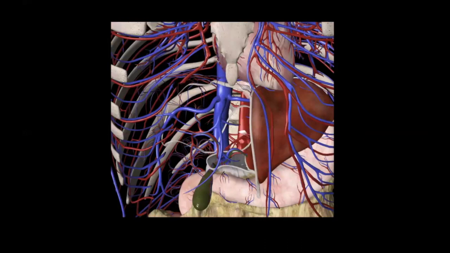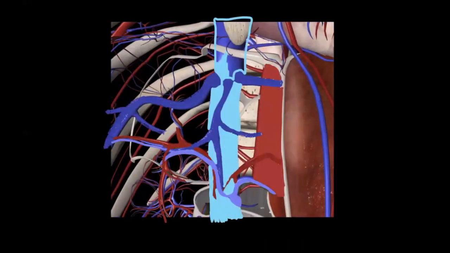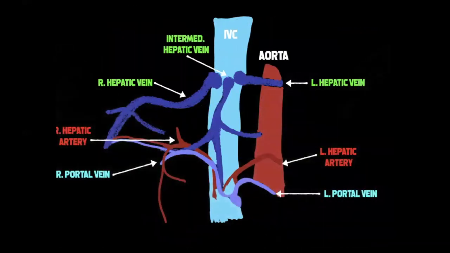We'll zoom further in and you can see the IVC in view here and the main branches coming off. We'll colour those up and strip away everything on the side, and there you have, at the bottom left, the right portal vein, and the left portal vein coming off. They're the inferior sections, and superior to those come the hepatic veins. You've got your right, your left, and your intermediate hepatic veins.